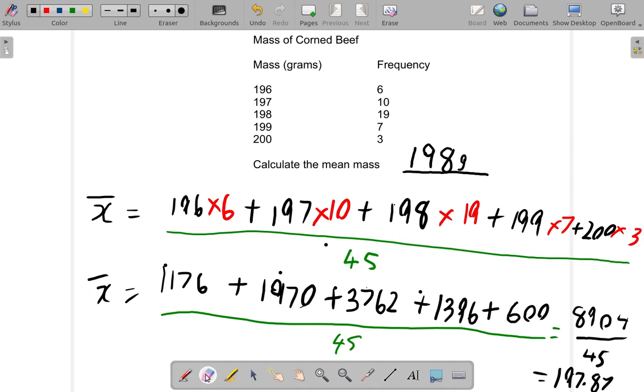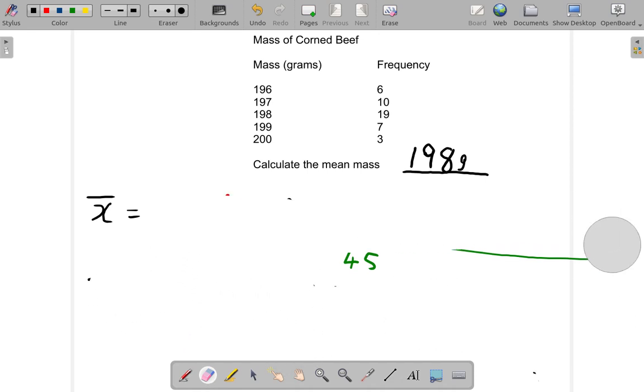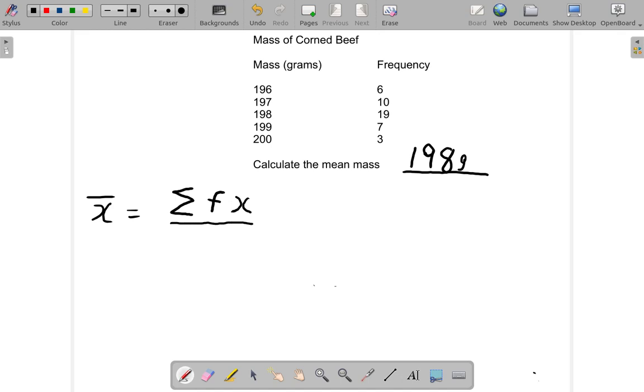Now let us just erase these and write a general formula for calculating the mean from a frequency table. This is the sum, the Greek letter uppercase sigma meaning the sum of, frequency multiplied by x, which is each item, fx, divided by the sum of the frequency, f.